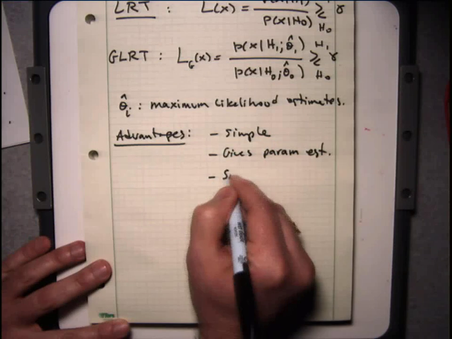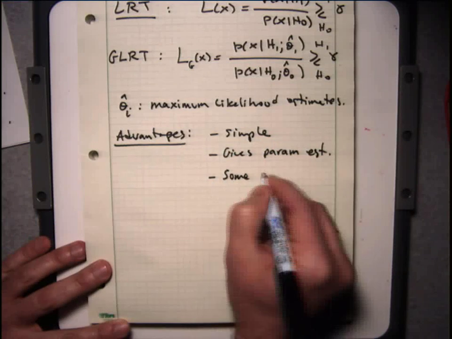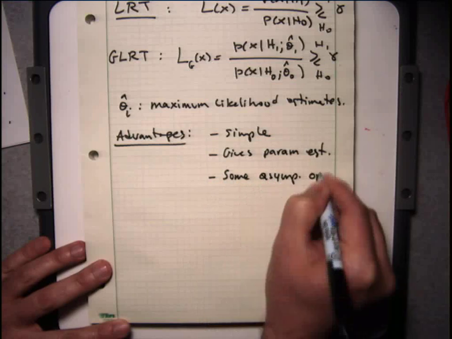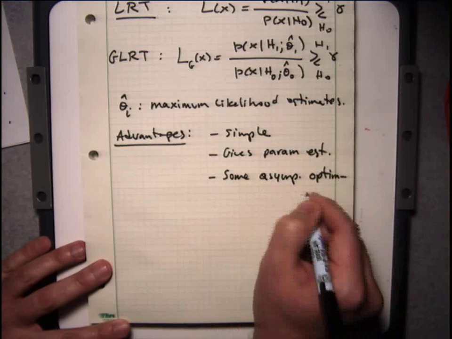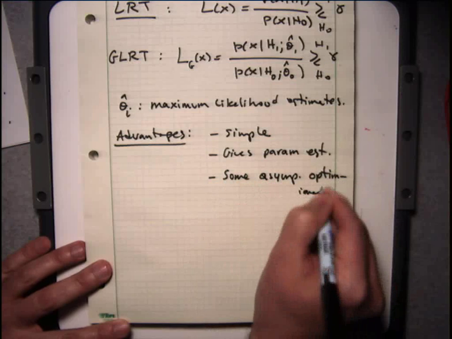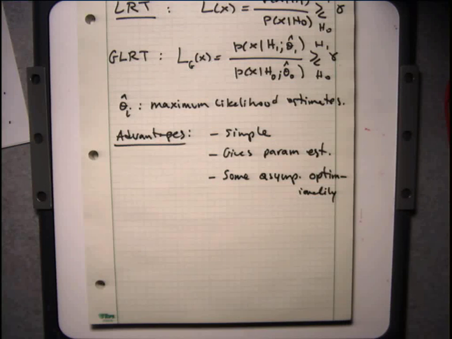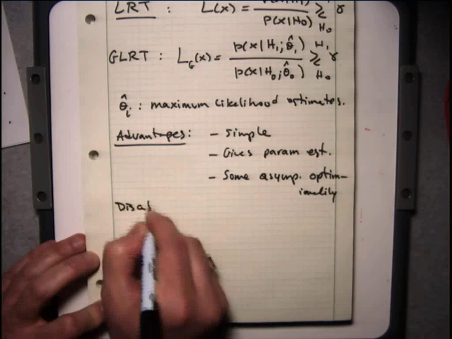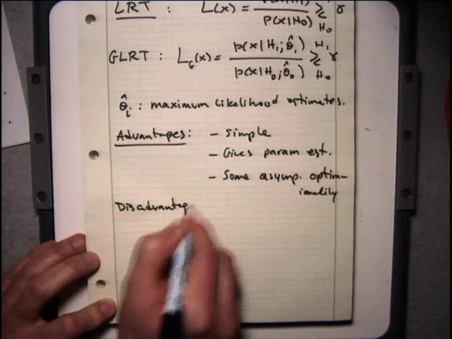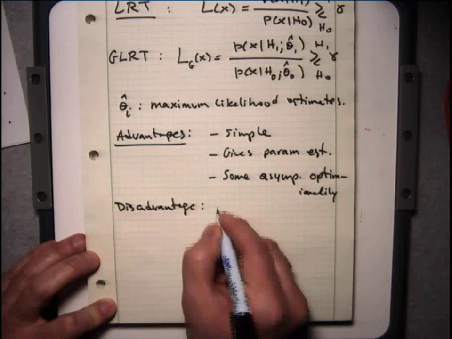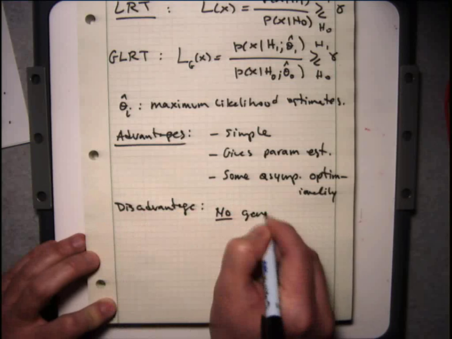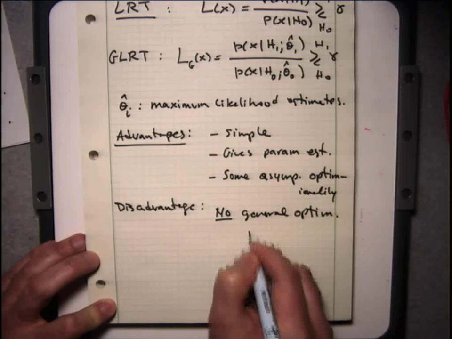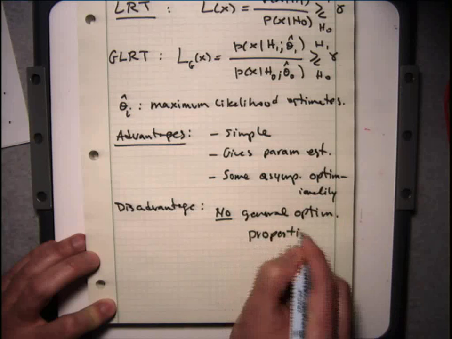And as it turns out, there are some asymptotic optimality properties, but no general optimality properties. So these are advantages, and the major disadvantage is that there are no general optimality properties.